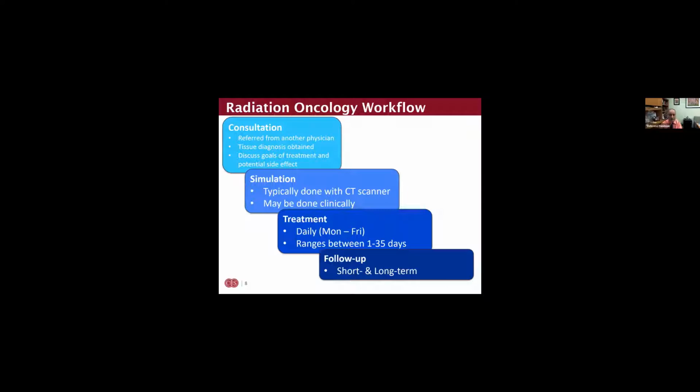As a radiation oncologist, I review all the images that they have. If there's any other test that needs to be done, we order that. And we look to see whether the tumor is localized or it's metastatic.